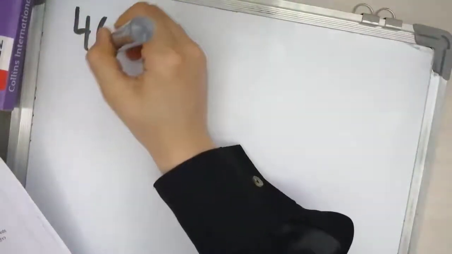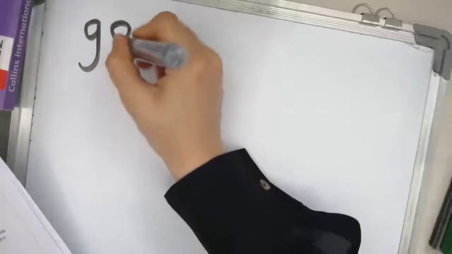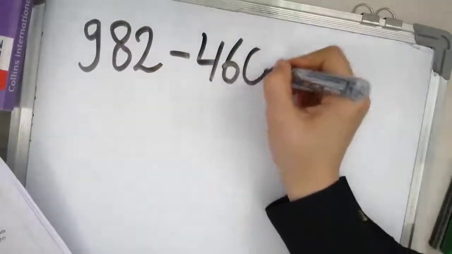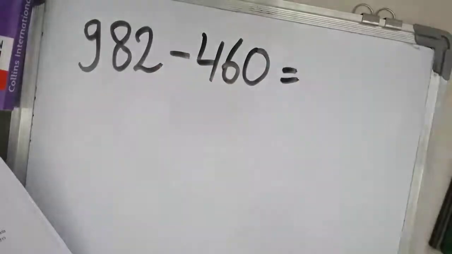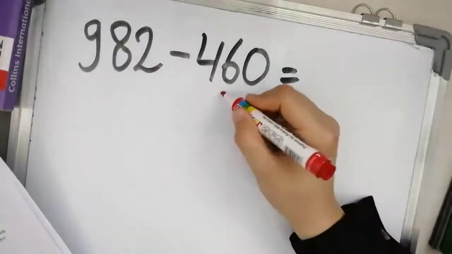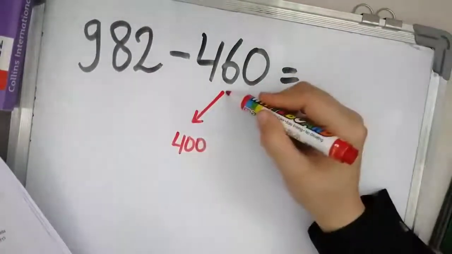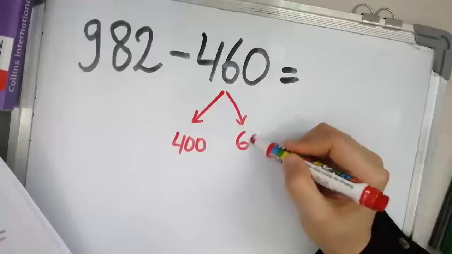Okay, so 982 minus 460. Okay, guys, I can partition the second number. It can be made into 400 and 60.